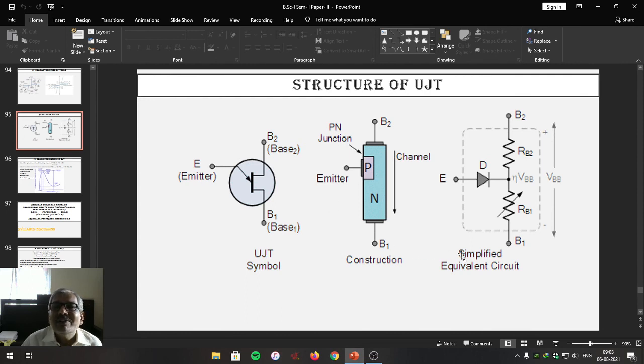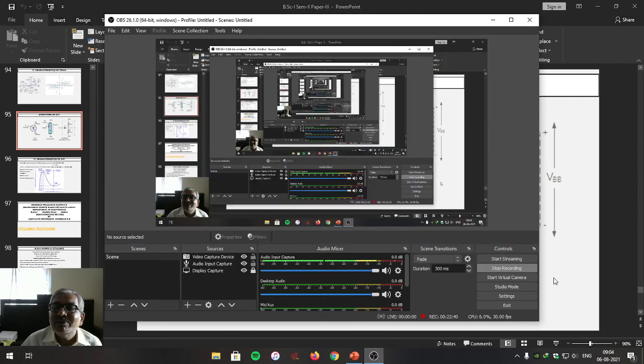Friends, all these aspects we have studied today in its working. Tomorrow, all these aspects are again going to continue as far as IV characteristics of UJT are considered. Friends, today we'll stop. Tomorrow, we are going to meet with IV characteristics of UJT.